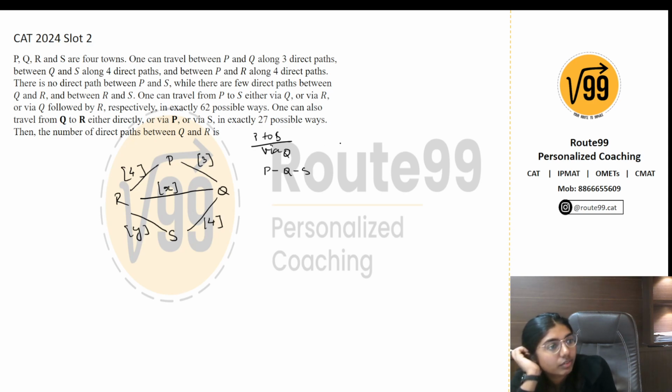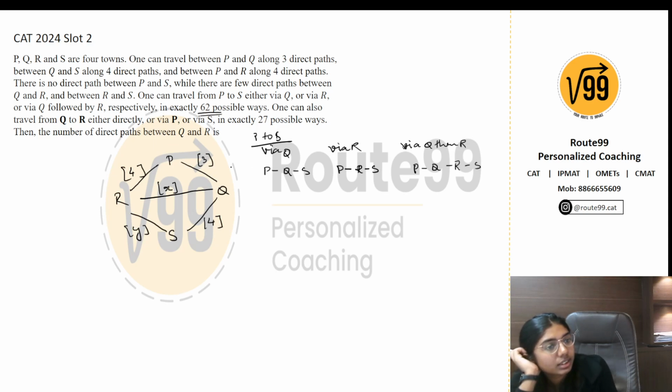Then we can travel via R. So if you are traveling via R, it will be PRS, or via Q followed by R. So what will it be? PQRS. PQR and S. So the total number of possible ways is what? 62.